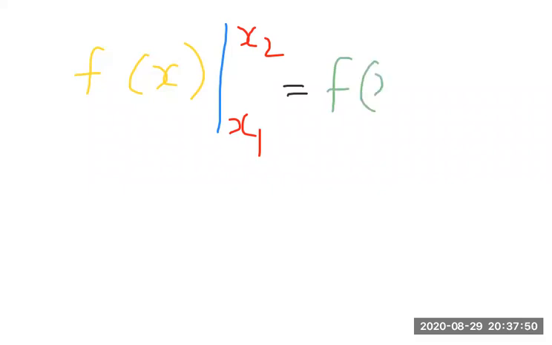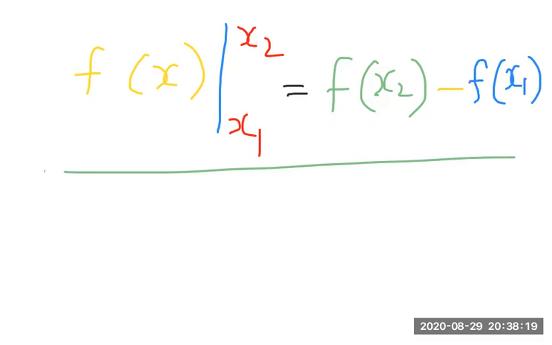Always first substitute the upper limit in the function, minus the lower limit in the function. So upper limit substitution minus lower limit substitution, like that you have to apply.